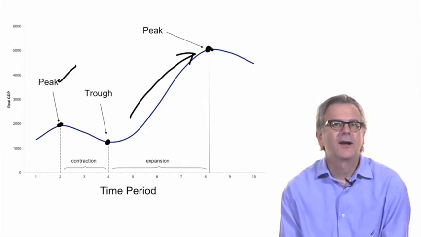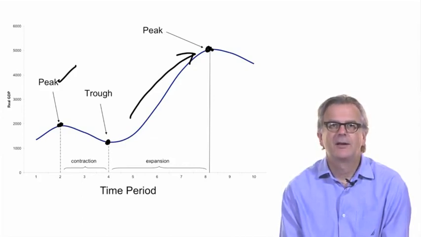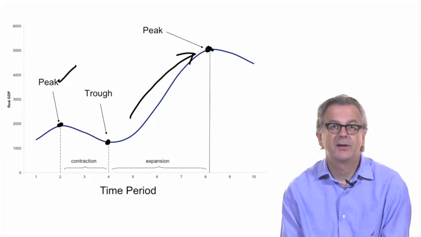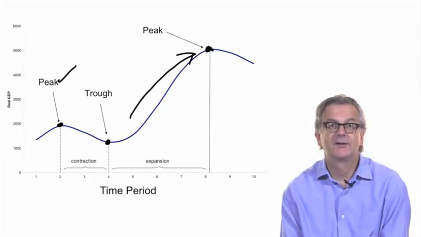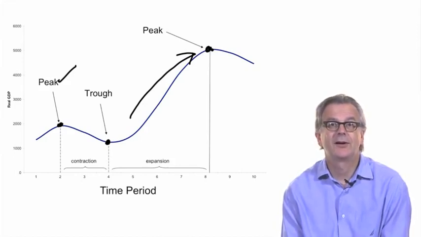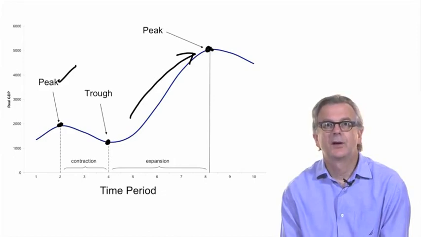In other words, on average, the economy is growing, is expanding, but every now and then there are these short periods of contraction where that expansion is reversed, real GDP falls, and the economy can be said to shrink in size, at least in terms of economic activity, during these contractionary periods. Now, where do these contractions come from?